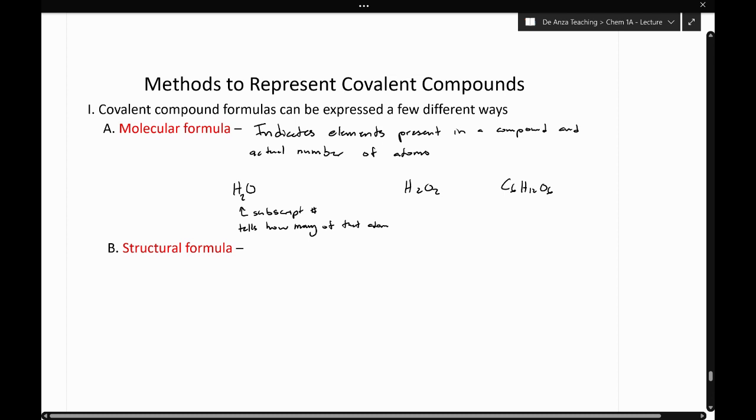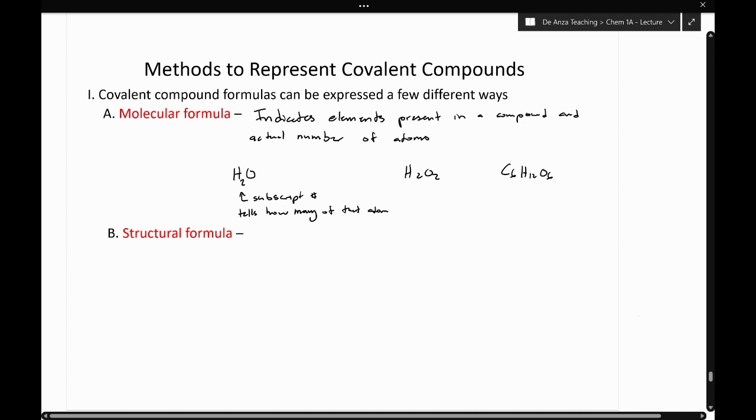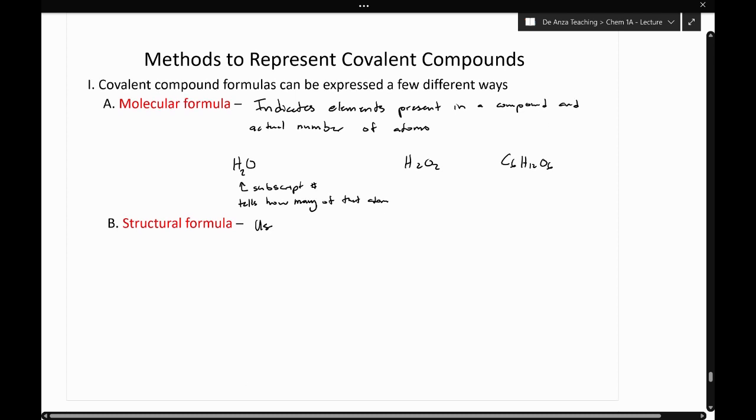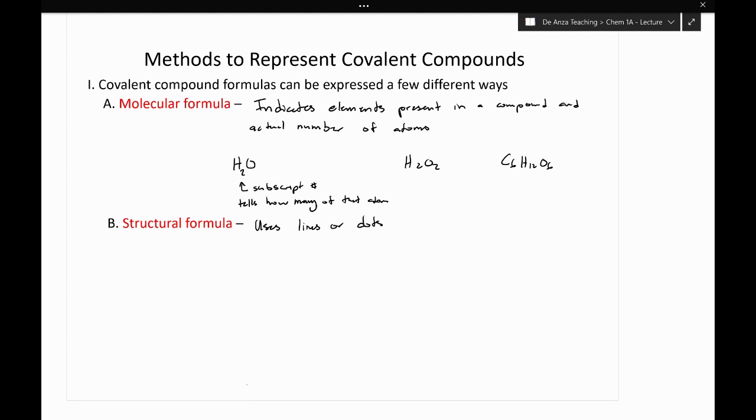Being a little bit more exact and a little bit more descriptive, we have the structural formula. What this does is it uses lines or dots to represent covalent bonds and show how atoms are linked together, how atoms are connected.